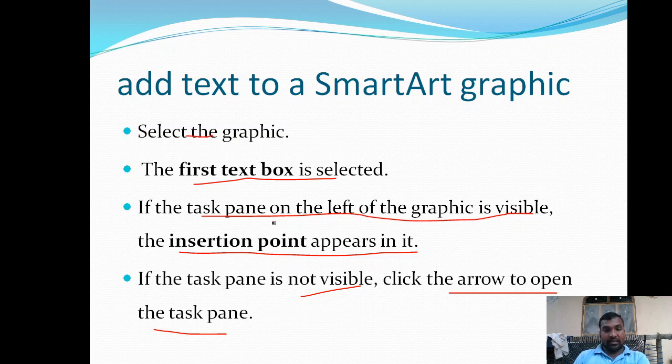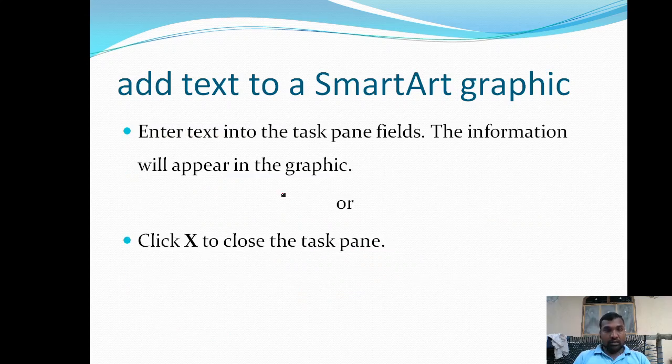If the task pane is already visible, then go to the insertion point, which appears in the task pane, and enter whatever text you want. Enter the text into the task pane field and the information will appear in the graphic automatically, and we can view the live preview of that insertion. Click on X to close the task pane.